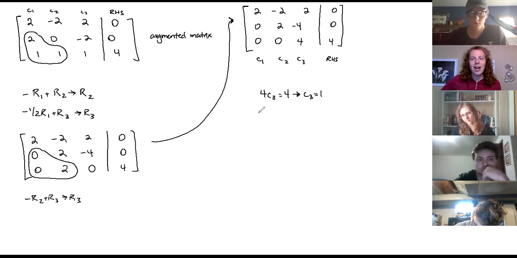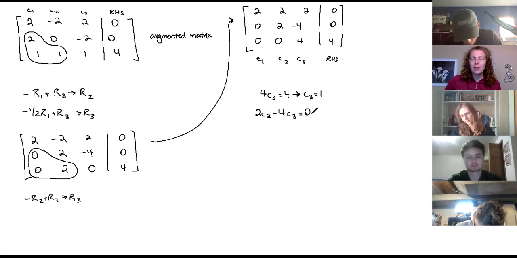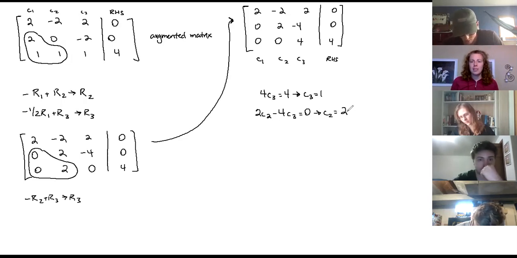Second row, moving up, 2C2 minus 4C3 equals 0. If you do some quick mental math, you can solve for C2, and it turns out that C2 should equal 2.